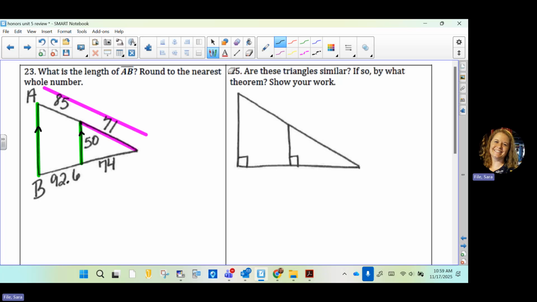So 85 plus 71 is 156. So if we're going to set up our proportion, I'll call this X. We could do a couple of things. We could say X is to 50. So I'm doing the big one to the small one. So I would do 156 is to 71.